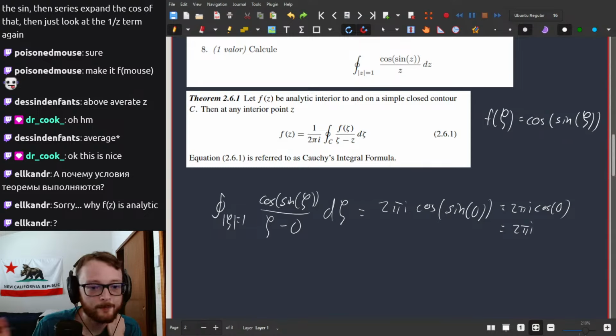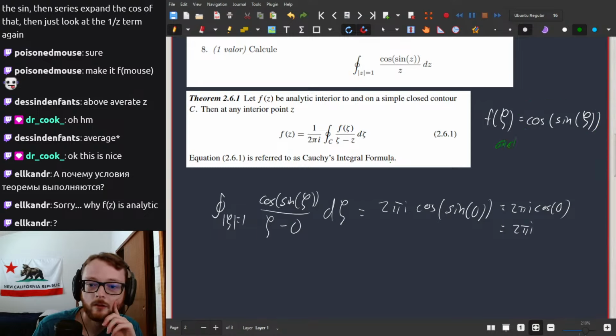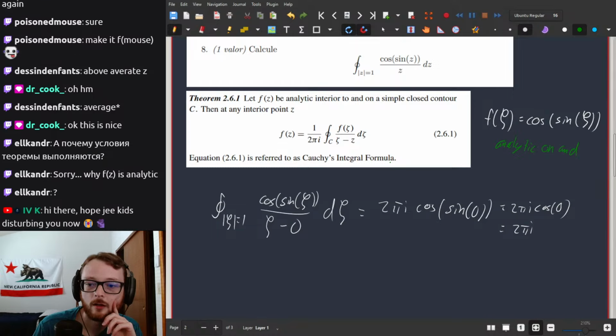But whether it is infinity or not, we're not enclosing that, so that's okay. So this function is analytic on and interior to the unit circle.